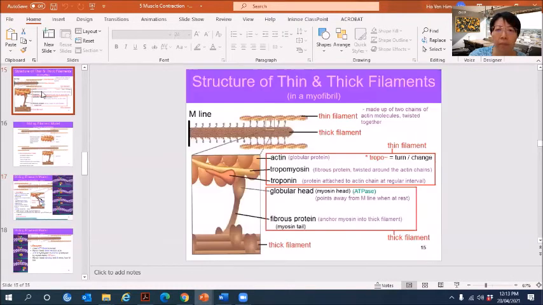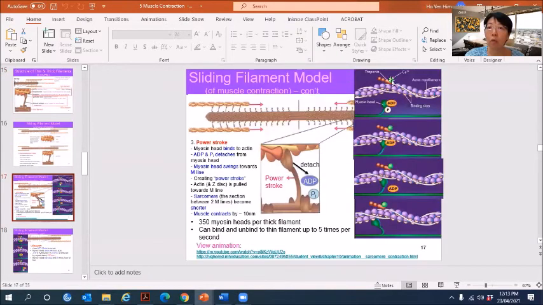Am I right? Calcium binds to troponin. Okay, calcium binds to troponin. So troponin changes shape, and tropomyosin and troponin move away together. So it will expose the binding site of the myosin head on the actin chain. Then the myosin head will be able to bind to the actin chain.